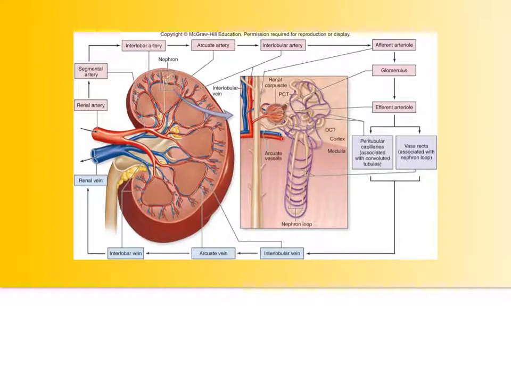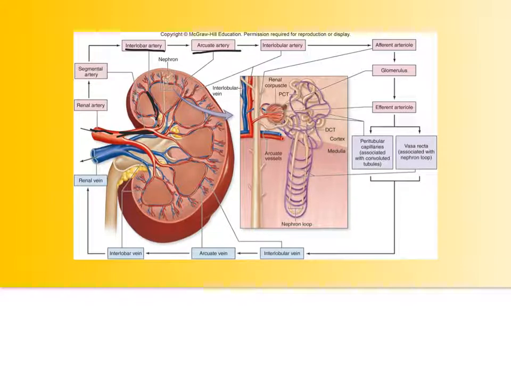So here we go. Blood is going to enter the renal artery. The renal artery divides into these segmental arteries, and then they subdivide into interlobar arteries. Interlobar arteries go between the lobes, so in between the pyramids.